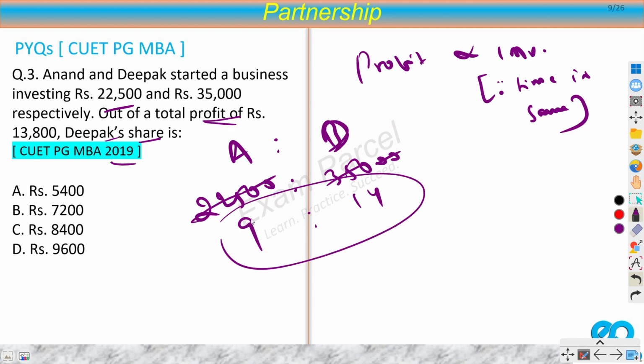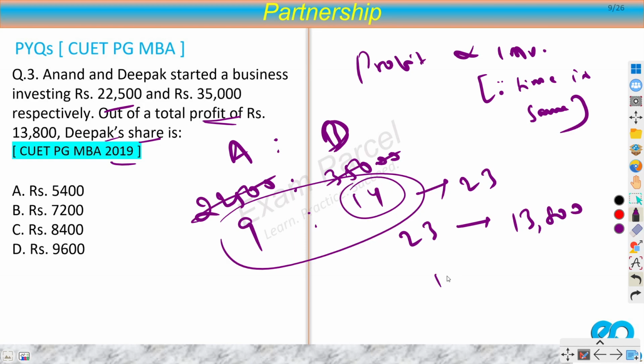So the total is 23 units. So 23 units is equivalent to 13,800. So I have to find Deepak's share, which is 14 units. So basically this is 13,800 by 23 into 14. So this would go by 6.